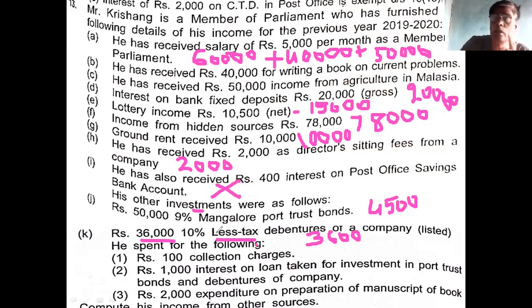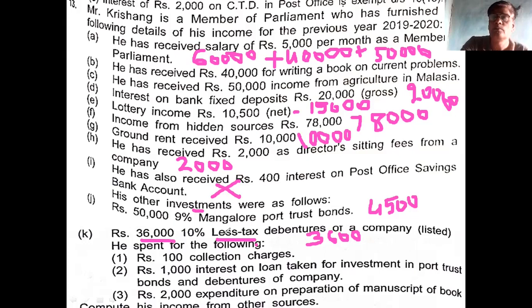Remember this. For your confusion, they have given the less tax. Less tax means you have to gross up only when interest is given. And tax free, whether the interest or the principal is given for calculation of interest, you gross up.